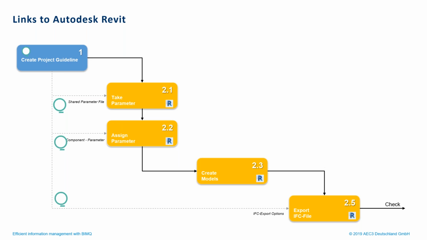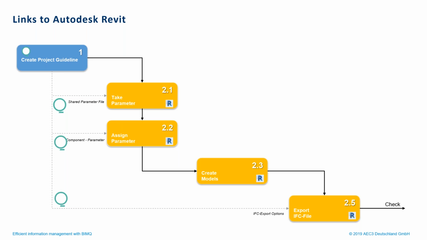Here you can see the workflow in Revit as a short overview. In BIMQ, the project guideline is created, and the mappings were made, for example. And in BIMQ itself, there are different options for exporting the requirement to Revit.